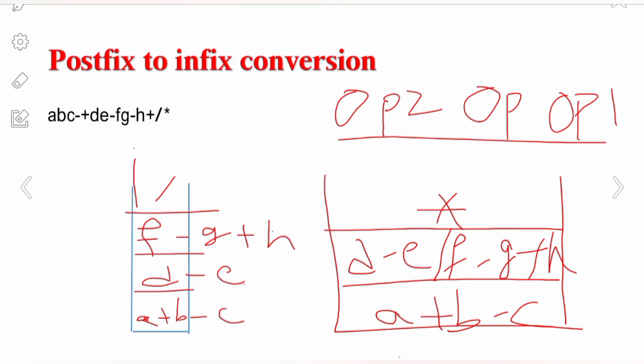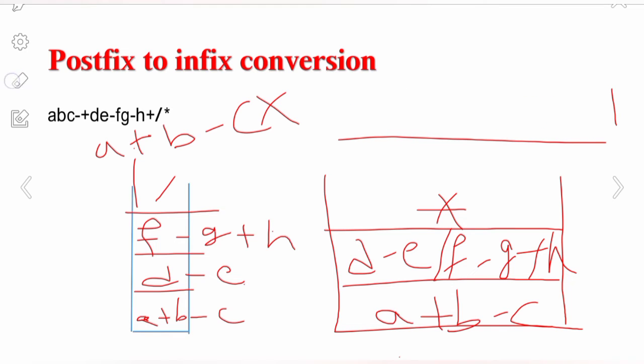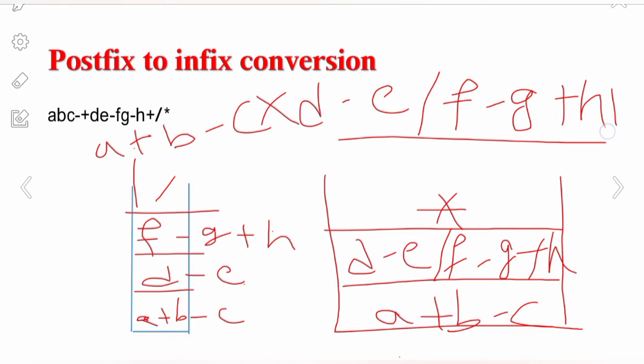So now it will become a plus b minus c into d minus e by f minus g plus h. So this is the final answer.